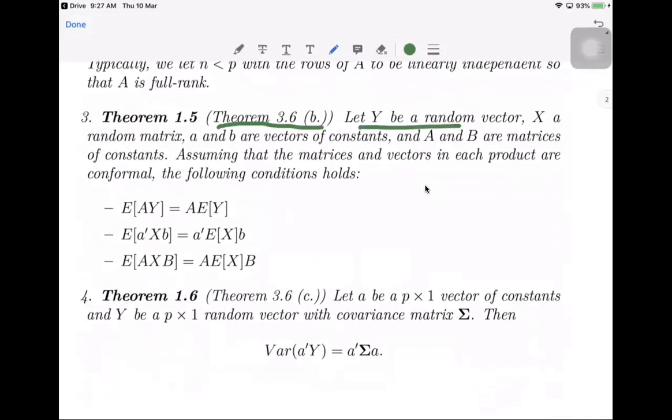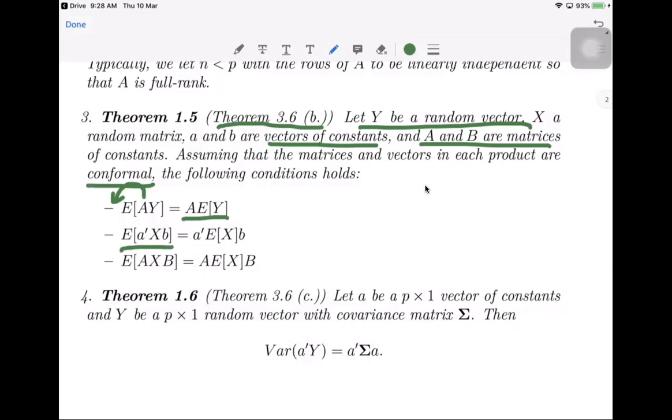So if you have y, a random vector, x, a random matrix, a and b are vectors of constants, and capital A and B are matrices of constants, and assuming that matrix multiplication is conformable, then the expected value of a'Y is just equal to a' times the expected value of Y, so you can take a outside.